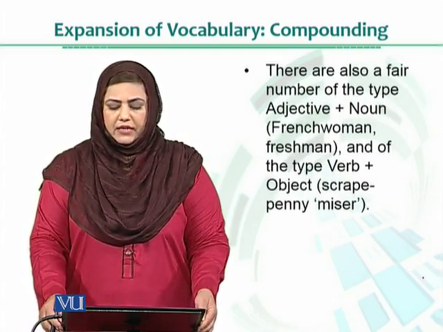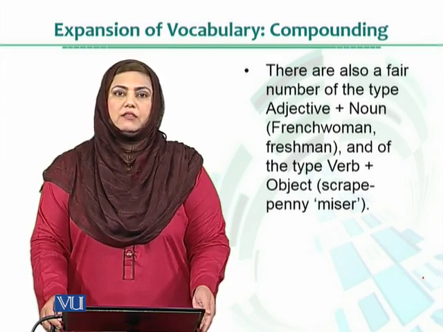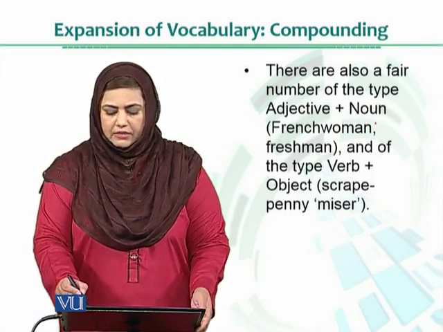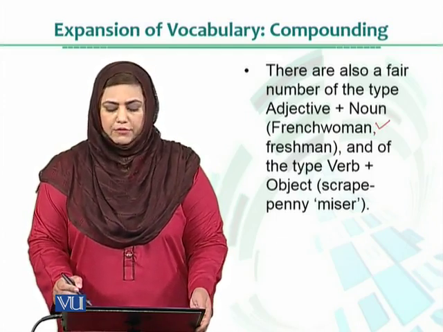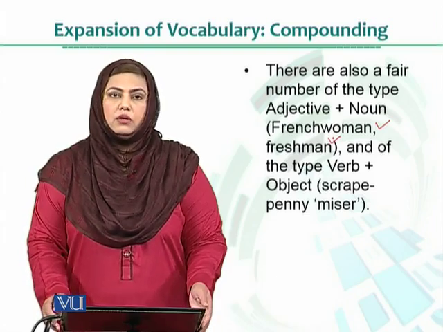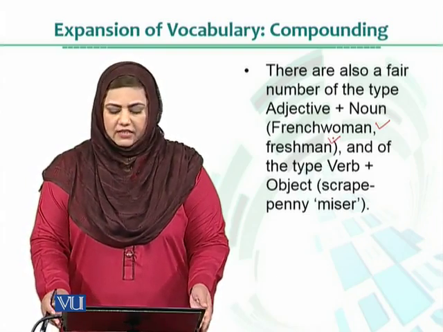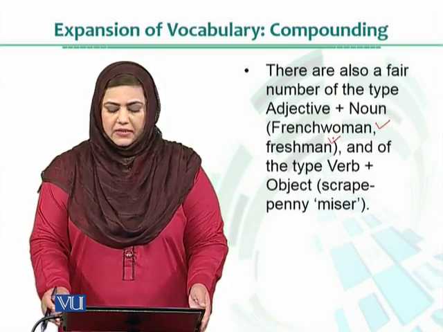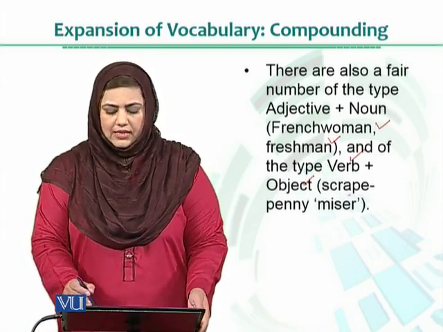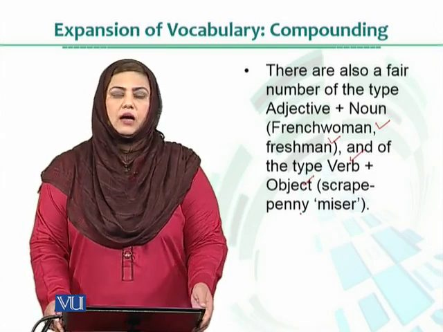There is also a fair number of the type where adjective and a noun are combined. If you look at the screen, you would find some examples. For example, Frenchman or freshman. Though rarely, but we also find examples where a verb is combined with an object. For example, scrapepenny, which means a miser.